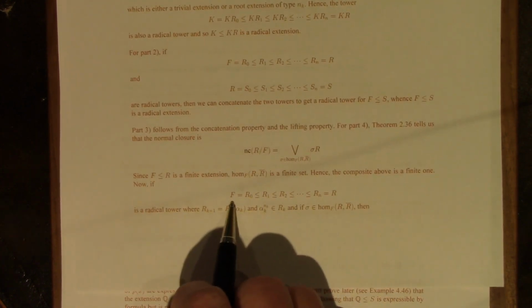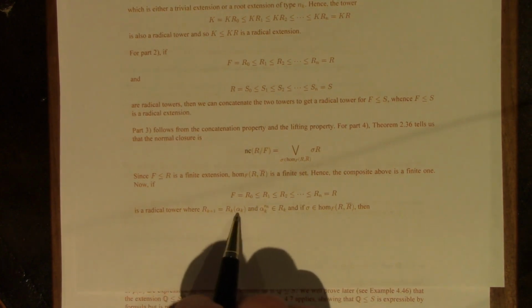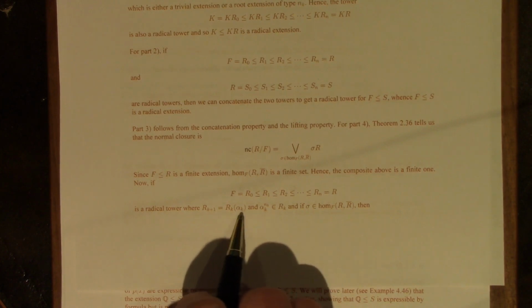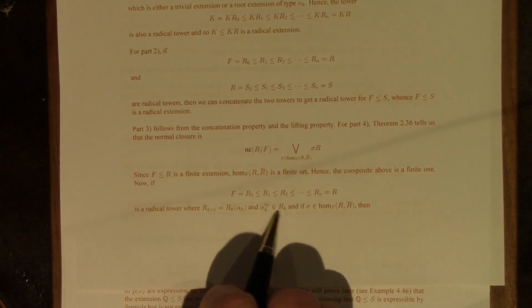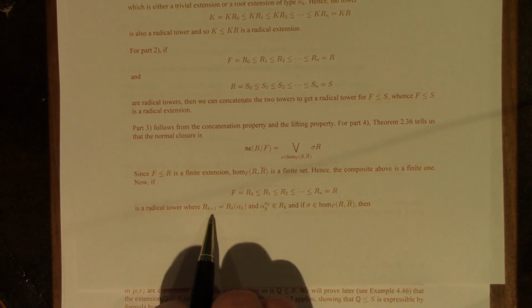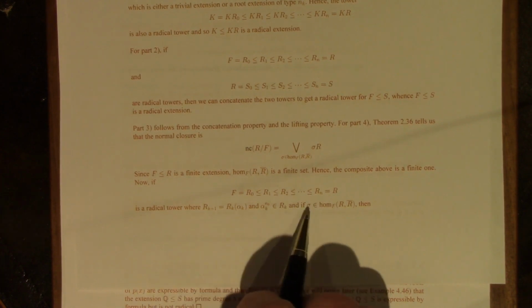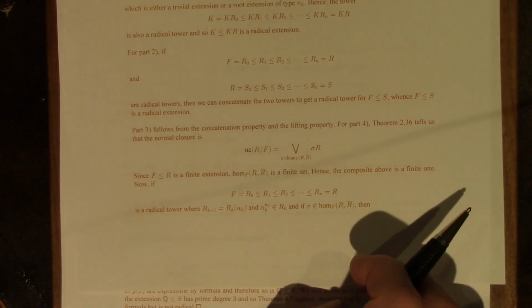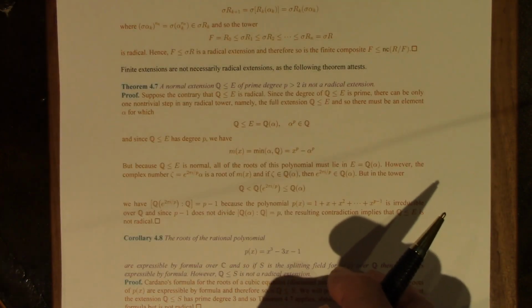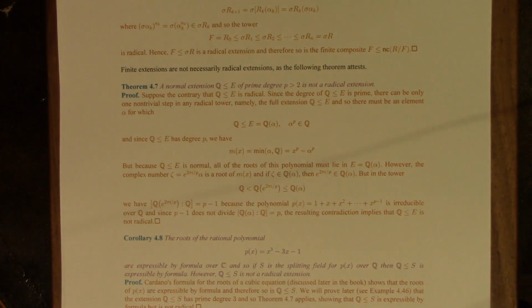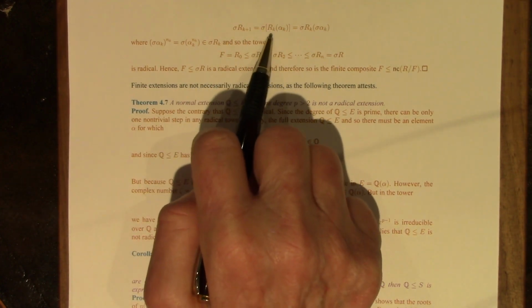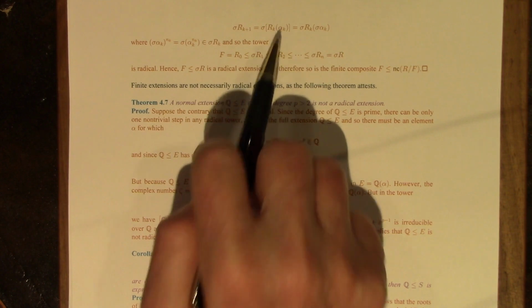Now, if we have a radical tower, and again we have our witnesses, so I wrote it this time to say alpha_k to the n_k is in the base field R_k, and if sigma is an embedding of R into R bar over F, then sigma(R_{k+1}) is sigma(R_k) with sigma(alpha_k) adjoined.